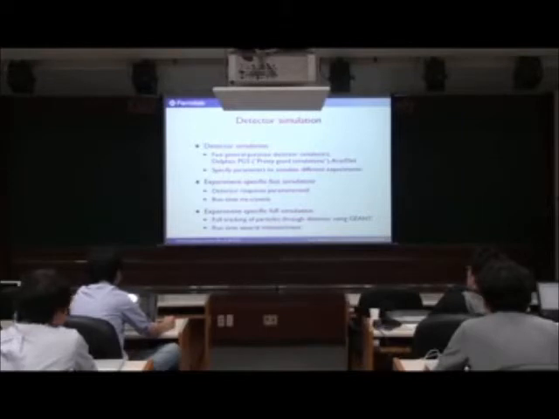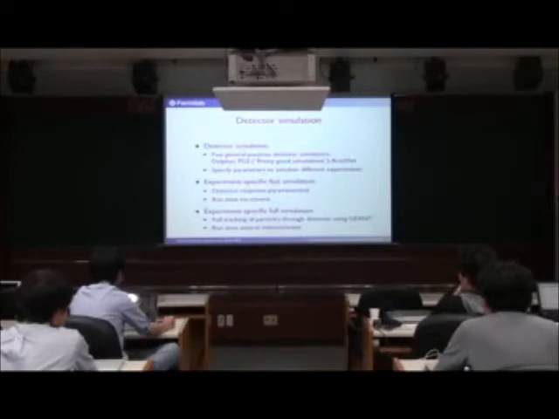In these detector simulations, you can specify the parameters of the detectors to simulate different types of experiments, such as the LHC experiments or the Tevatron experiments. So these are very convenient.